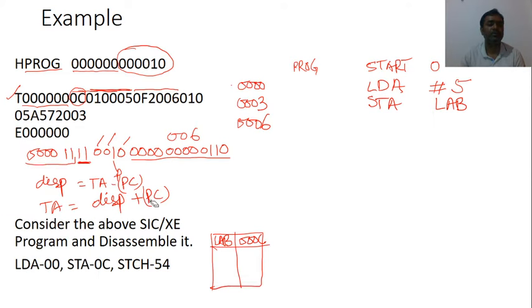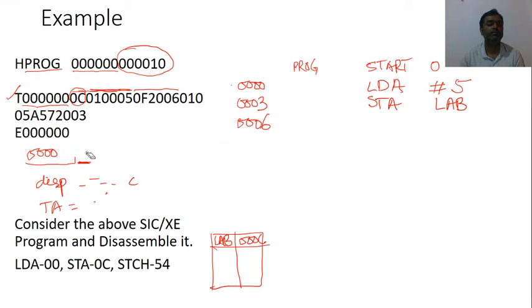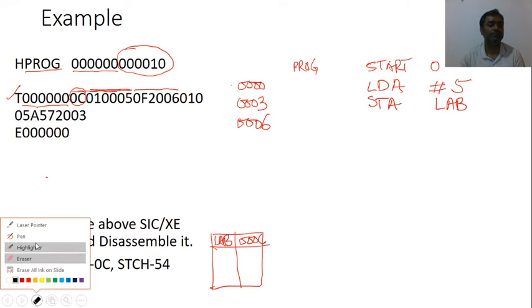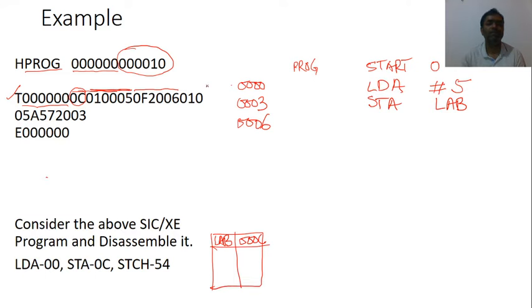Then consider the next object code. Our next object code is 01005A. It is 3 bytes. I have to write it in binary.